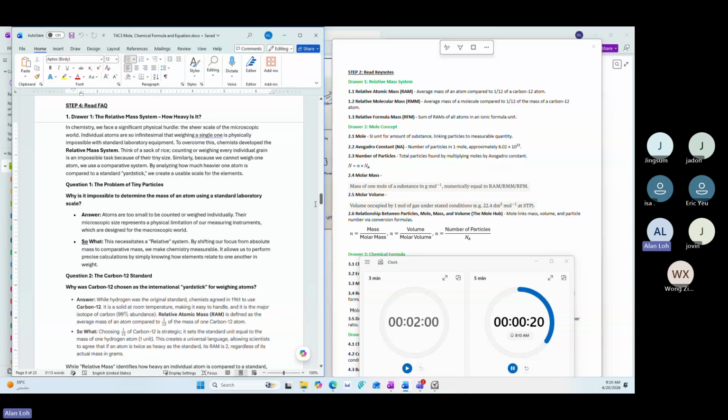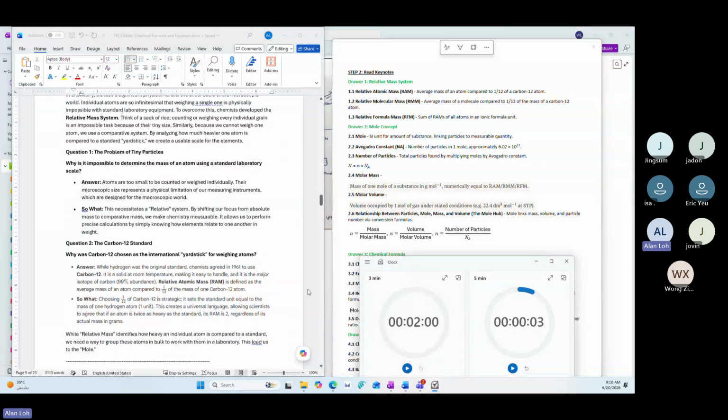If you want to continue on drawer 2, you can do it. Oh no, question 2. All right, now question 2. Okay, 1 minute, start now.